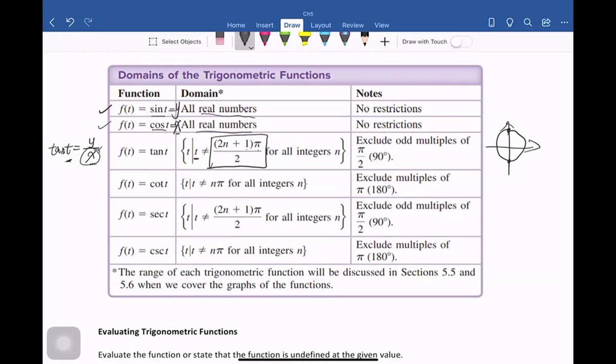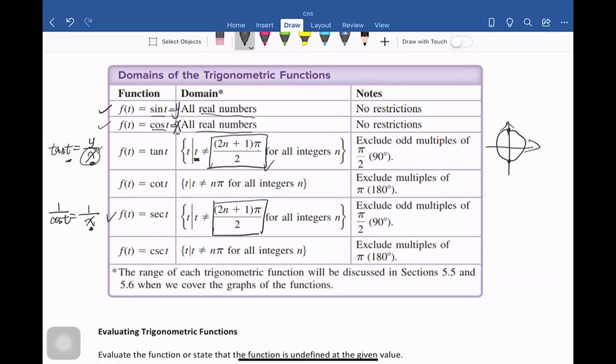For secant, it's the same, because secant is the reciprocal of cosine t, so it's the same as tangent. We can't choose this.